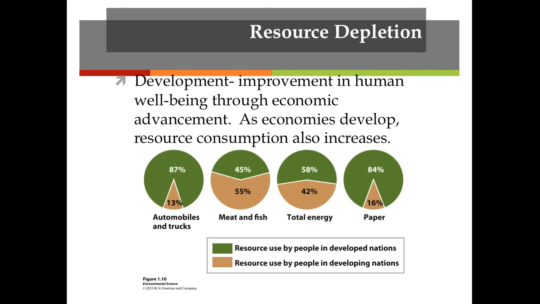The remaining 80% of the population lives in developing countries and uses far fewer resources per capita, or per person. So you look at, for automobile and truck use, you have 87% being used by 20% of the population. And that's a lot of resources used by a small amount of people.